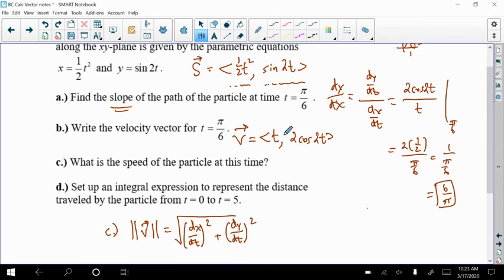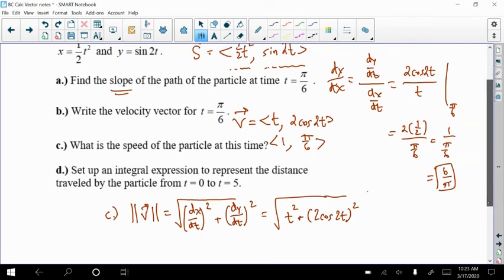So I could figure out that's the square root of t squared plus (2 cosine of 2t) squared. But we're evaluating it at pi/6. So when we put pi/6 in, remember, we got a value of 1 and a value of pi over 6 for our components.